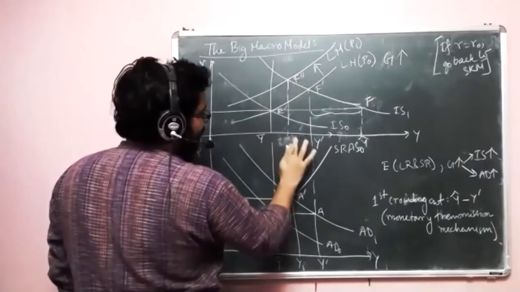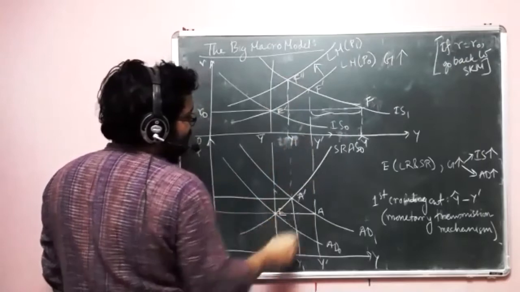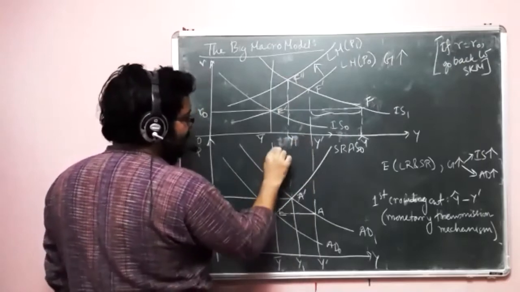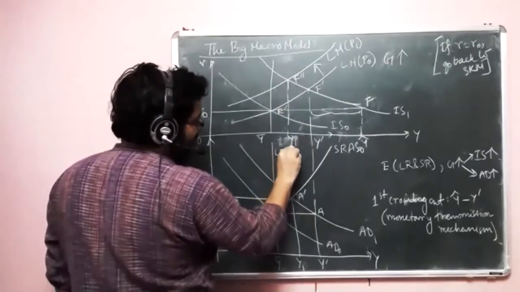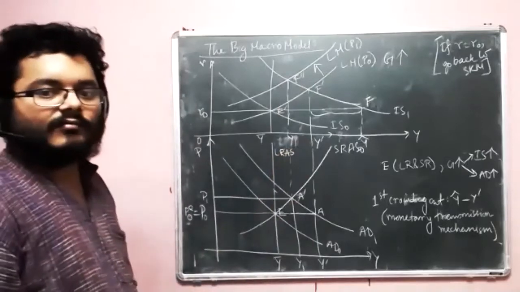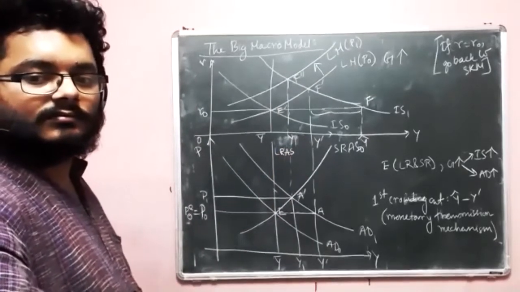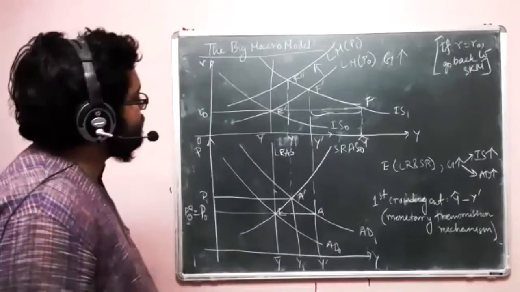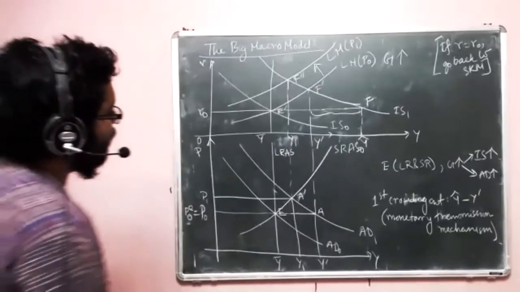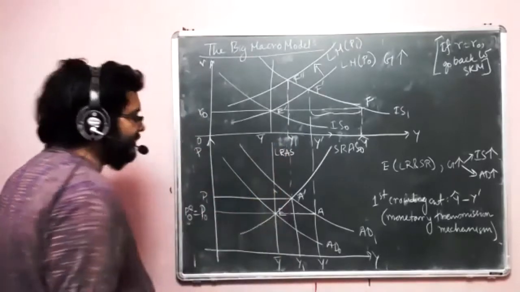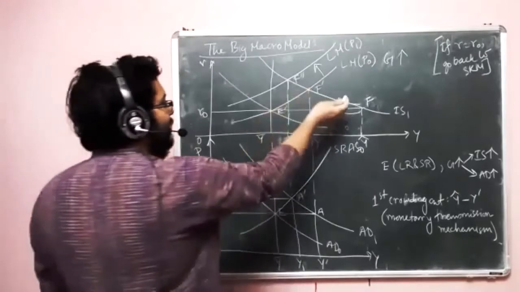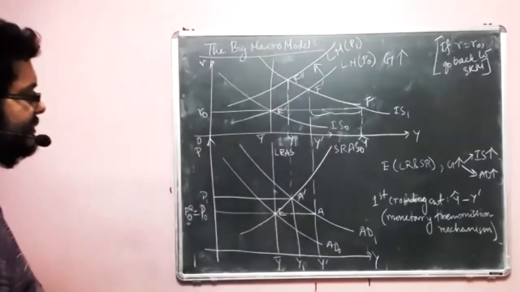Okay, let me remove LRAS because we have a space constraint here. So we know that this is LRAS, right? So let us write LRAS here. So here we have our Y1, right? So we have a higher price, LM shifted backward. So that's natural.